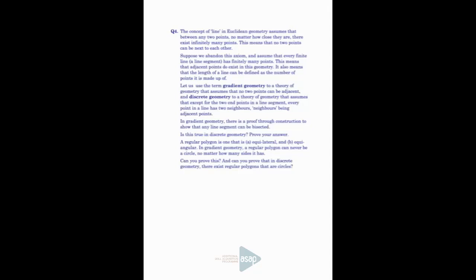That's one question. Another one: a regular polygon is A, equilateral, and B, equiangular. In gradient geometry, a regular polygon can never be a circle, no matter how many sides it has. Can you prove this? And can you prove that in discrete geometry, there exist regular polygons that are circles?